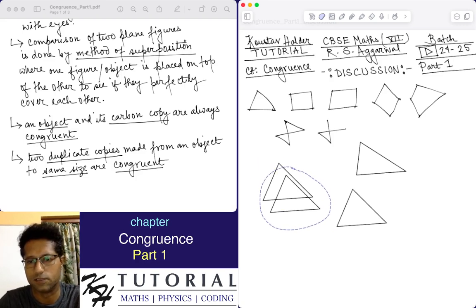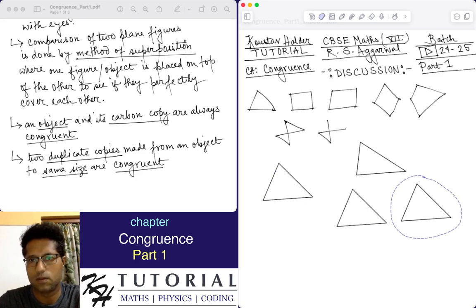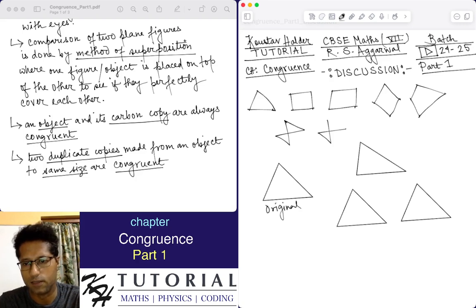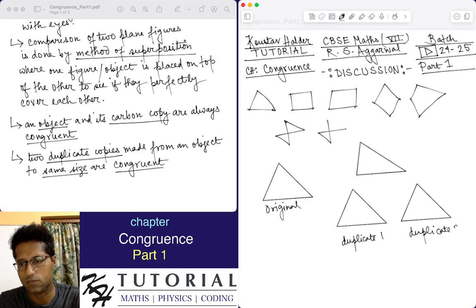So now this was the original copy, and this is duplicate 1, and this is duplicate 2. These two duplicates have been created from the original copy.